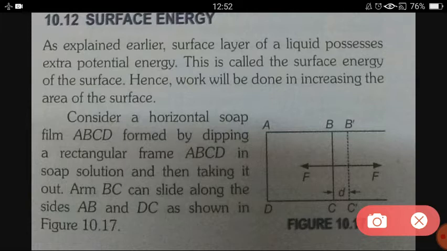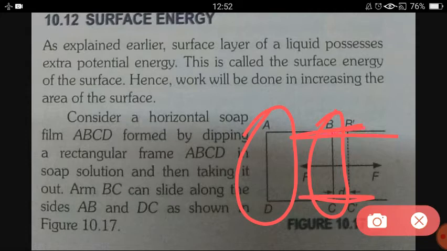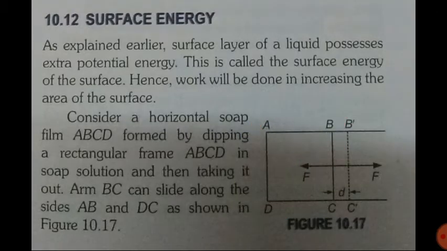So this side BC can move. Here AD is fixed, and BC can move on these two parallel sides. Now suppose we put this frame inside the soap solution.